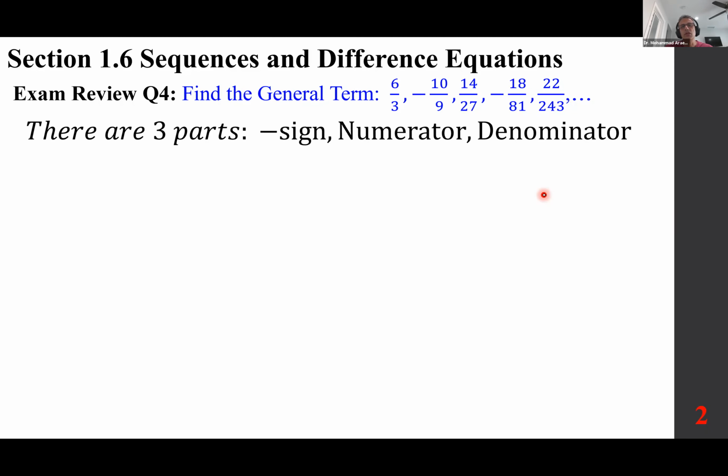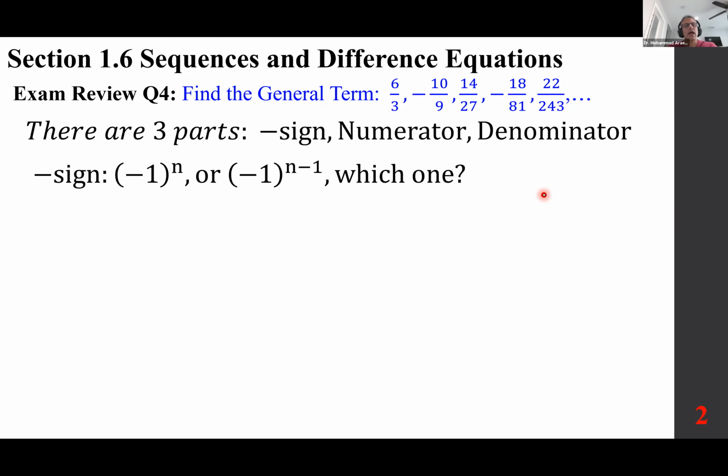One of them is a negative sign. And when it comes to a negative sign, class, it is always one of these two. By the way, negative 1 to the power of n plus 1 gives you the same result. So the question is which one? Are we going to use this one or this one? All you have to do, replace the n with 1 and observe what happens to the sign.